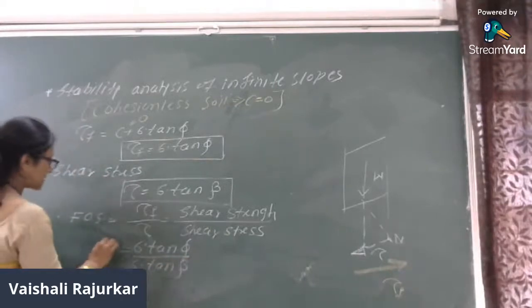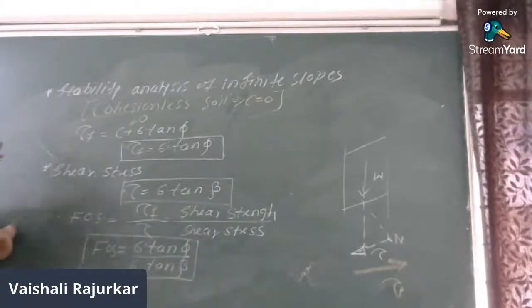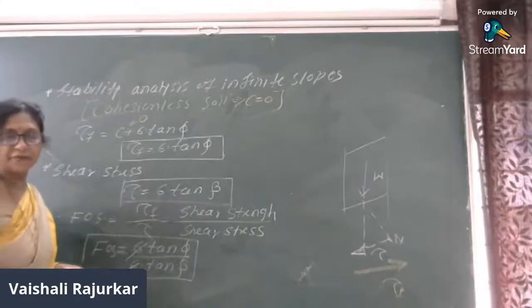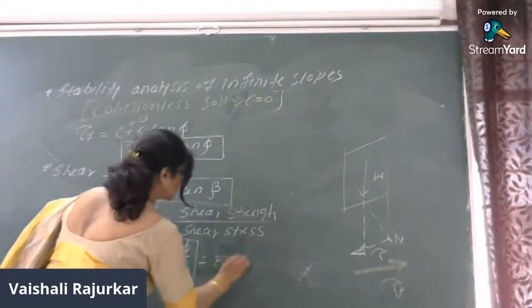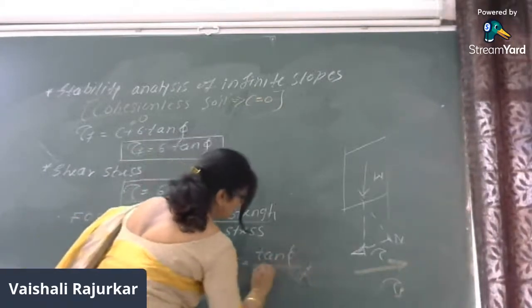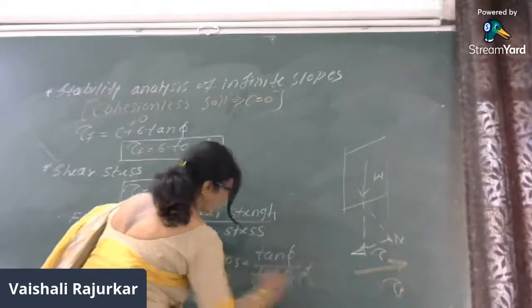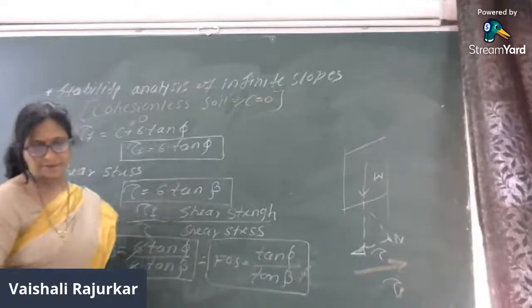This is called the factor of safety. Here the sigma gets cancelled, and therefore the factor of safety for the sandy soil is tan phi upon tan beta. Right?